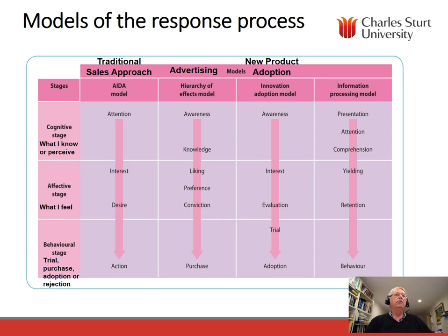There's the innovation adoption model, which is awareness, interest, evaluation, trial, and adoption. And then there's the information processing model, which is presentation, attention, comprehension, yielding, retention, and behavioural stage during purchase. So there are just different ways of thinking about the same kind of process that goes through the marketing communication process.